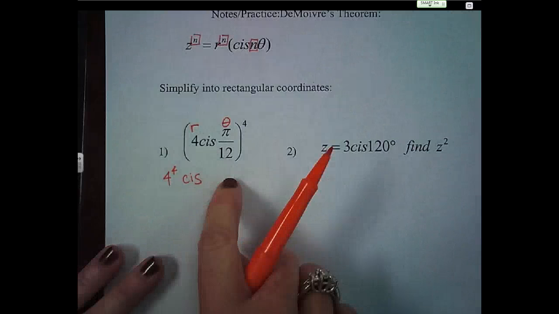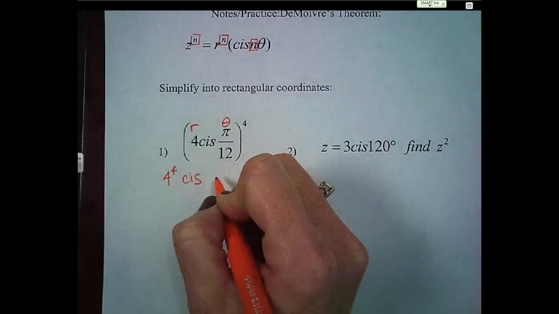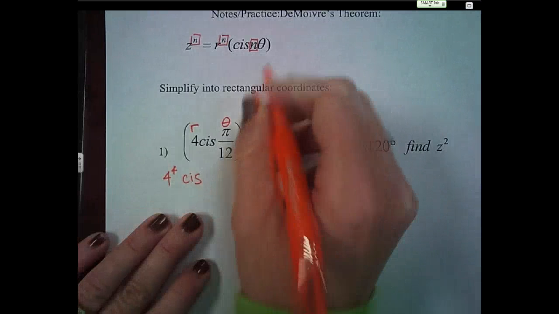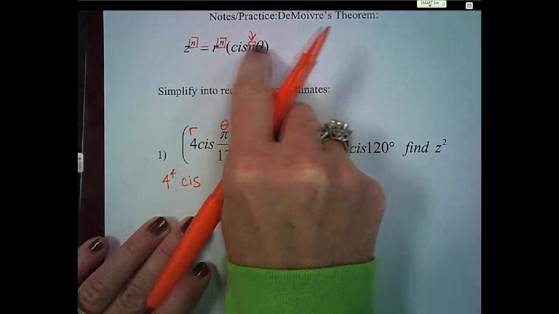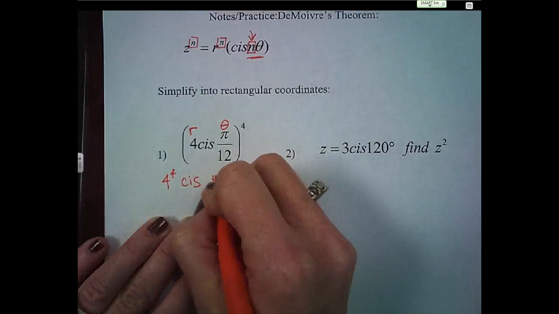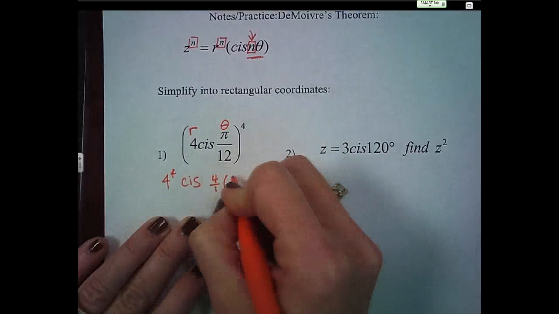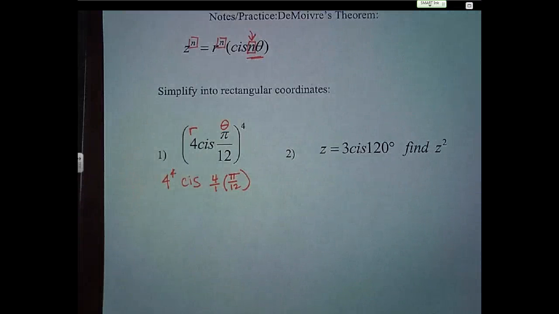So we're going to leave it as is. Remember, in this formula you have to take whatever the exponent is and multiply it by theta. So I'm going to take 4, because that's the exponent, 4 over 1, and multiply it by theta, which is pi over 12.